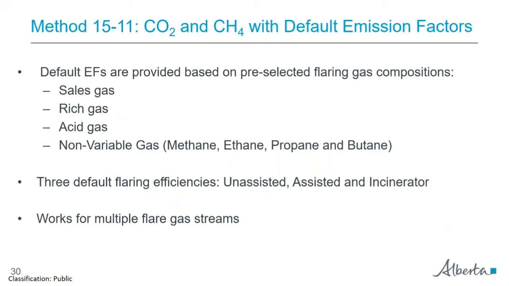We added an extra acid gas emission factor based on the feedback from draft posting. The acid gas flaring emission factor is based on the assumption of 95% CO2 composition and 5% non-combustible hydrocarbons. So if your hydrocarbon content is over 5%, the acid gas emission factor should not be used. You need to choose an alternative emission factor for the calculation.